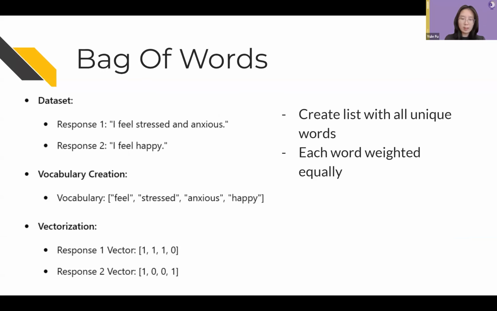Bag of words is now a machine learning model, so there is training involved. Similar to lexicon-based, it vectorizes the words and still gives them a score, but each word is weighted equally. And then the machine learning model is trained on each vector.